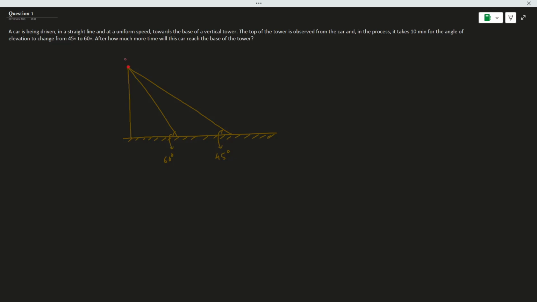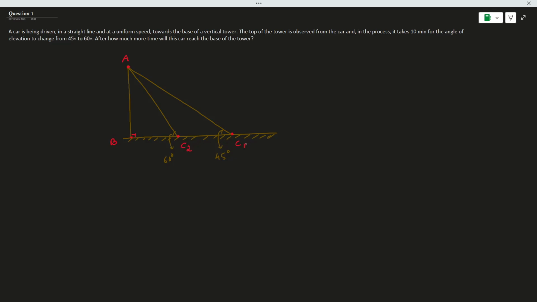Let me denote the top of the tower as A and the base of the tower as B. This angle should be 90 degree. Let me denote this point as C1 and this as C2.